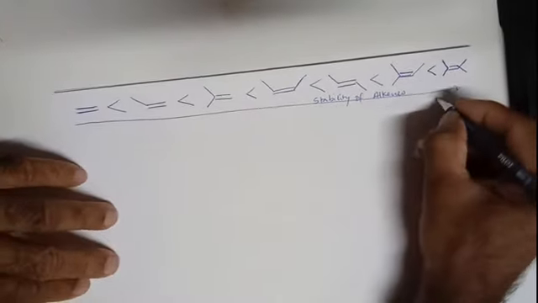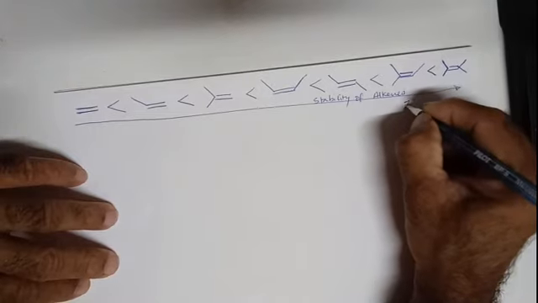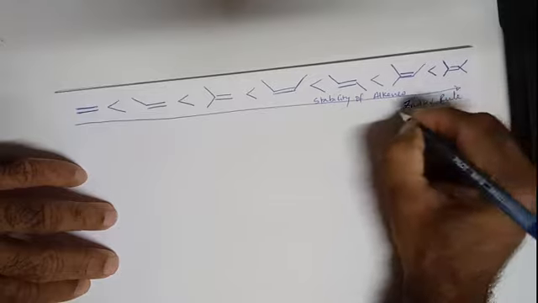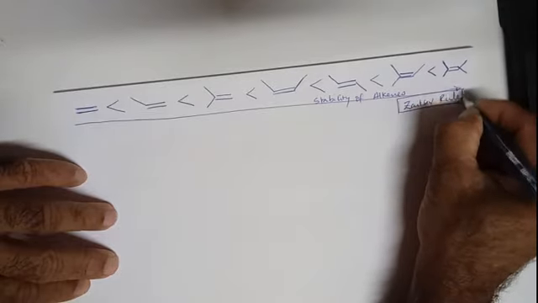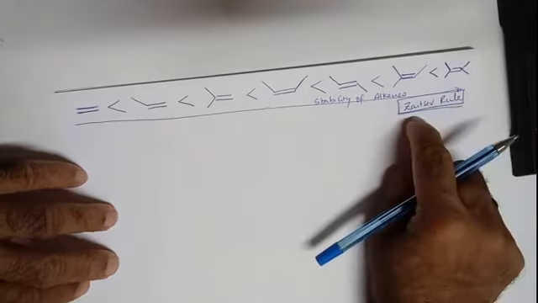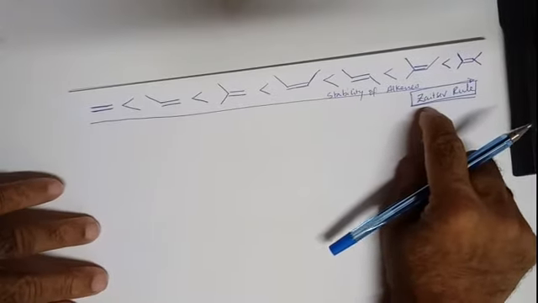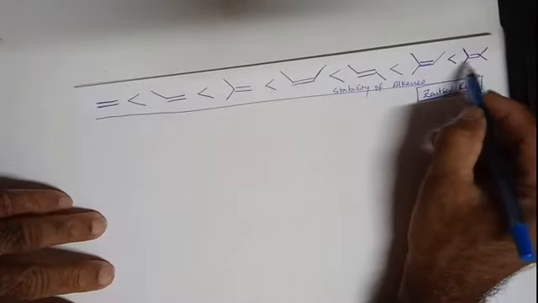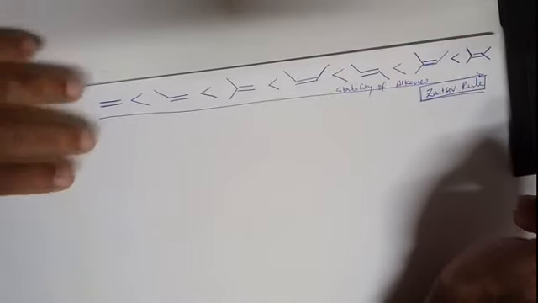We use this concept for something called Zaitsev Rule. Zaitsev Rule depends on this, and we are going to come across that, so I just wanted to keep that in mind. We are going to use this concept for Zaitsev Rule, where more stable alkene is the most substituted alkene.